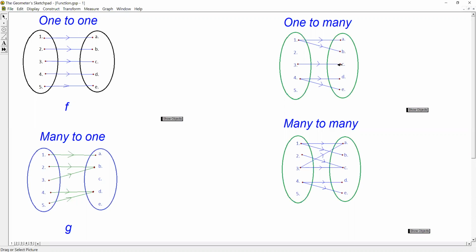So overall, the big category is relationship. Relationship can be divided into functions and not functions. So you divide it into two. Now the question they ask me is, if a relationship is a function, when is the inverse of this a function or not?